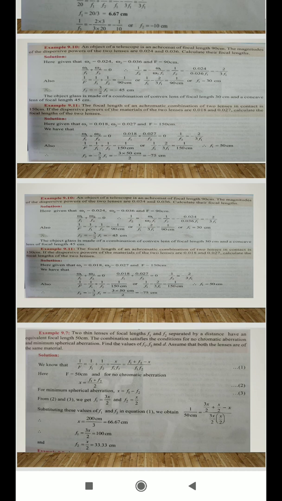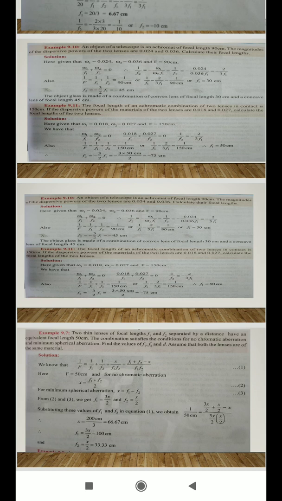We also note that chromatic aberration can be eliminated altogether, while spherical aberration cannot be eliminated altogether, but it can be minimized.